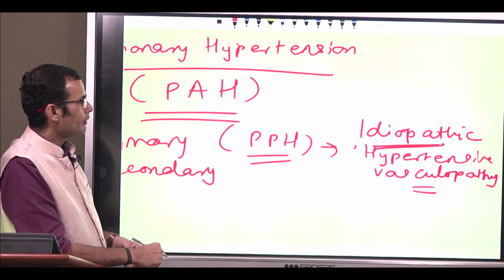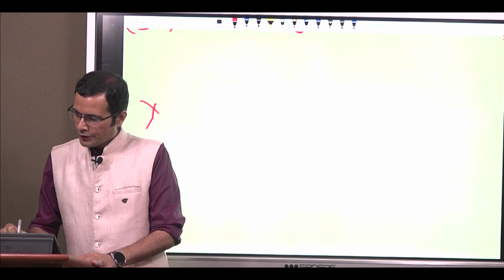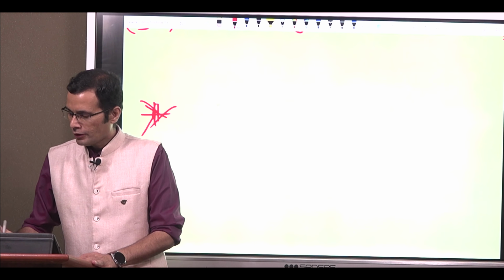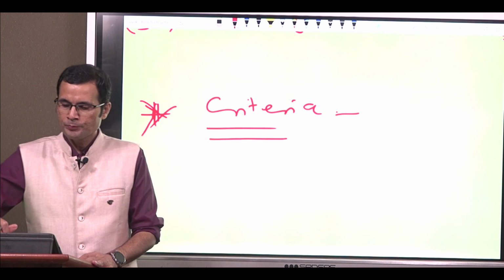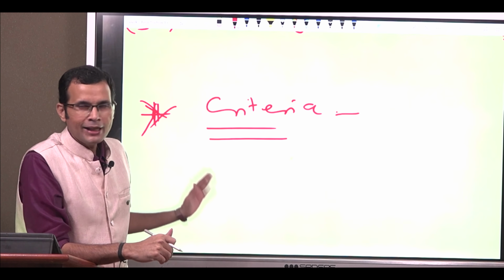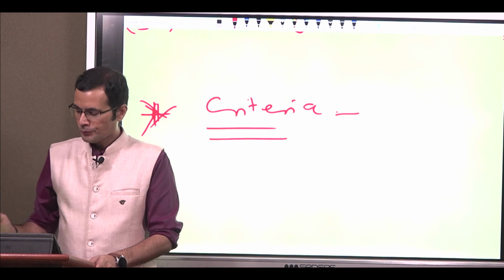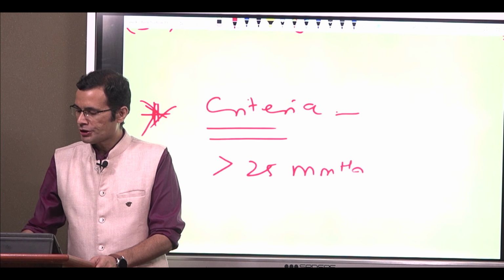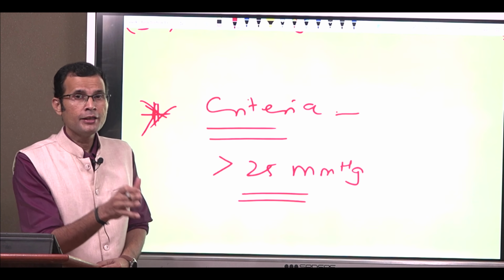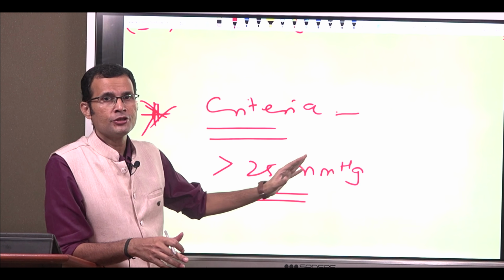What's the criteria for pulmonary hypertension? The criteria for the pulmonary hypertension is sustained elevation of the mean pulmonary artery pressure of more than 25 mm of Hg. We have already taken the pulmonary artery pressure, normal pressure, to be 14 mm of Hg.